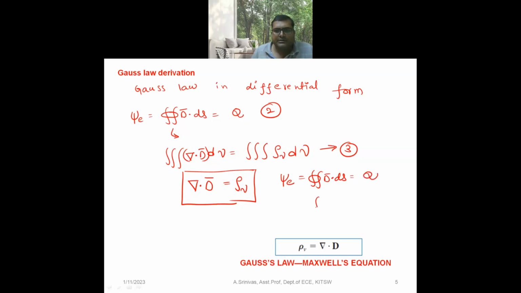But the simple surface integral of D dot dS is not equal to Q. You have to make a note: only when the surface integral is a closed integral can you write it as Q; otherwise it is not equal to Q.